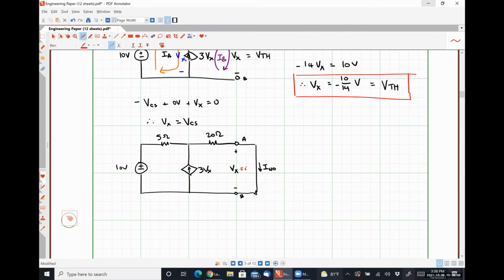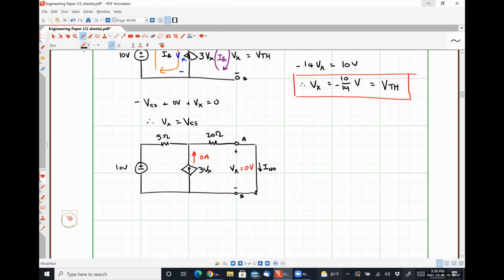We were able to determine by inspection that Vx is equal to 0 volts. Everybody okay with that? Voltage drop over a short circuit has to be 0 volts. Which means this current flowing up through this current source must be 0 amps.